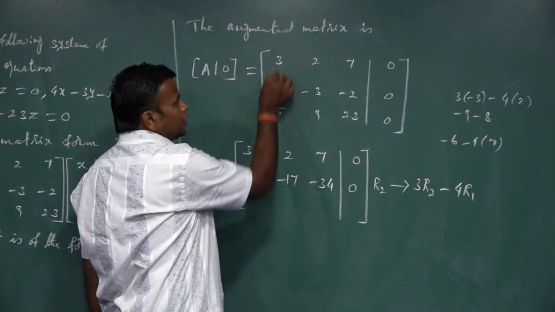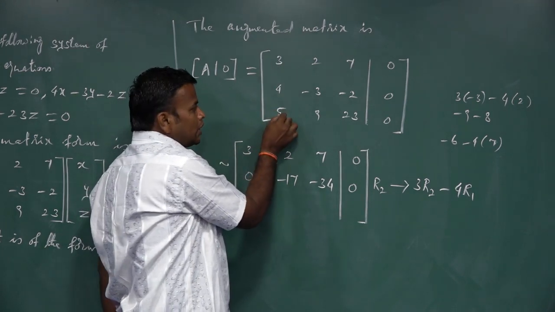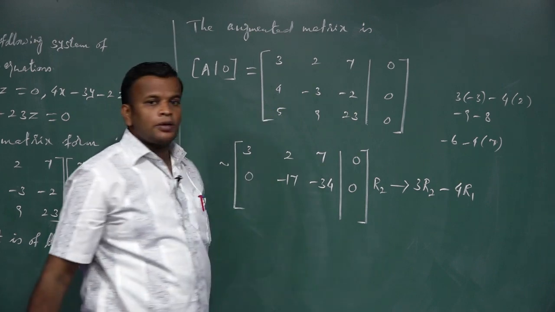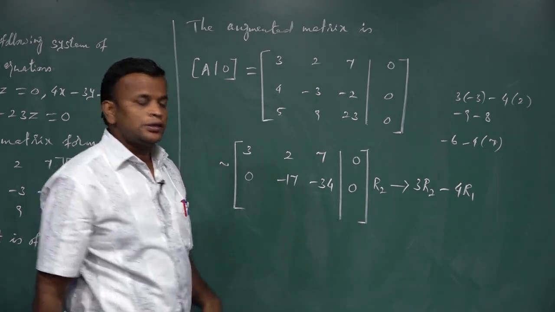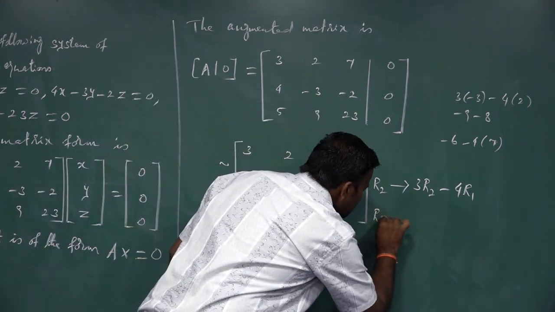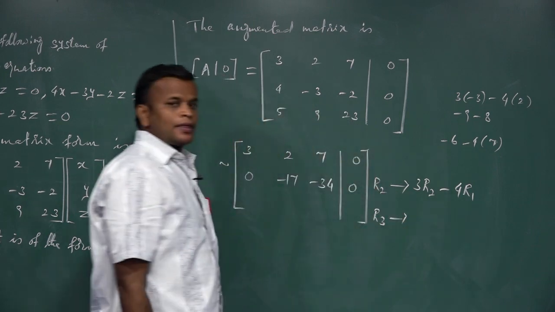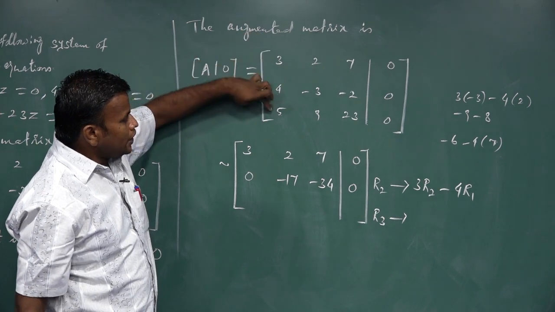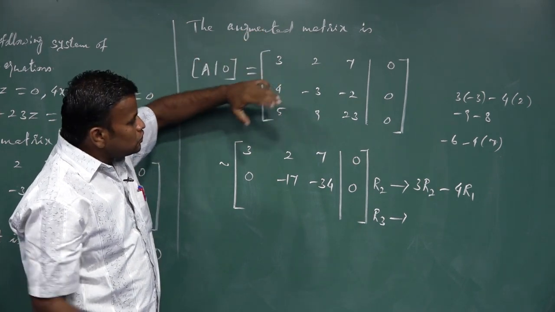Here also we see both numbers are different: 5 and 3. Our aim is to convert this number 5 to 0. So how to write R3? We consider R1 and R3. The numbers are different, so we interchange.